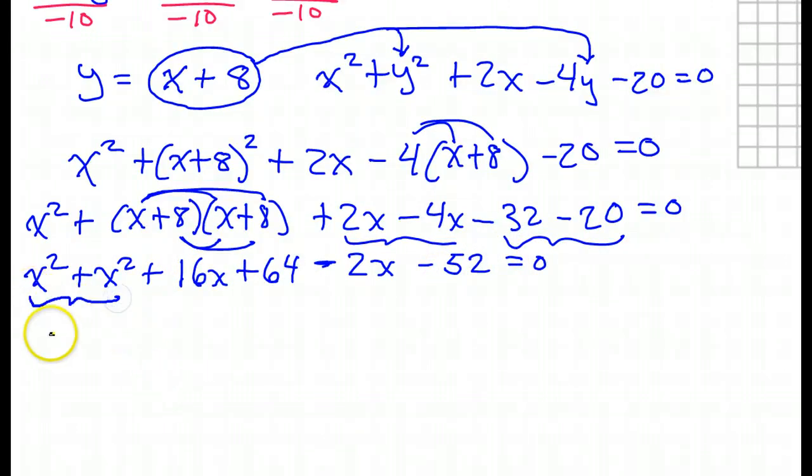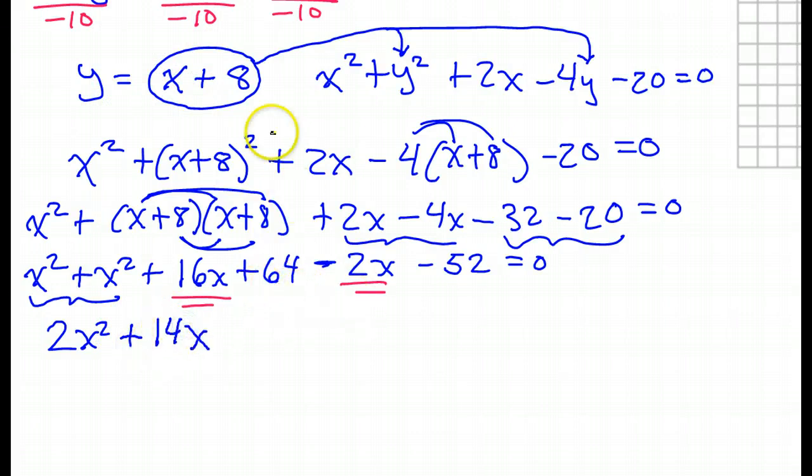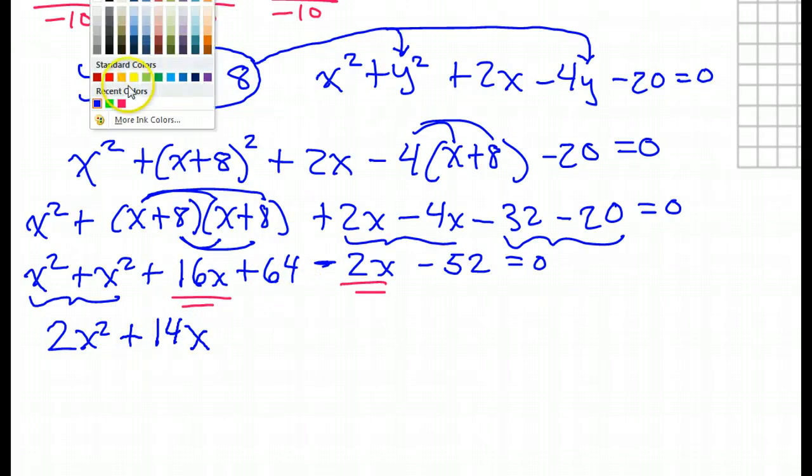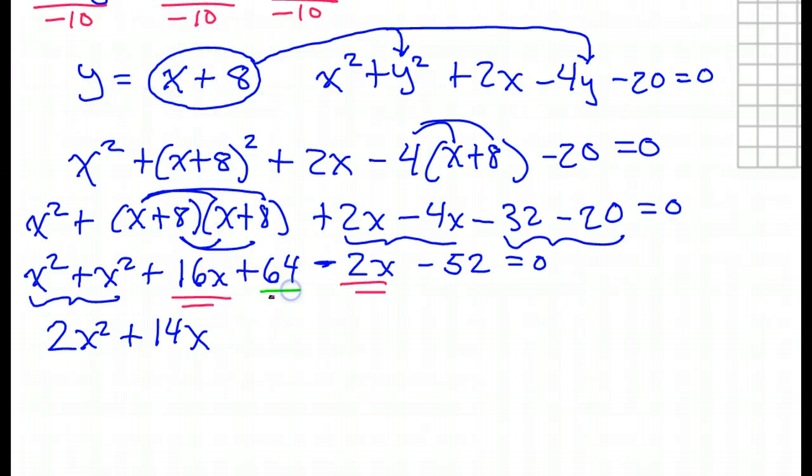x squared plus x squared is 2x squared. Okay, 16x minus 2x is 14x. And then I've got the 64 and negative 52. What's that, 12?